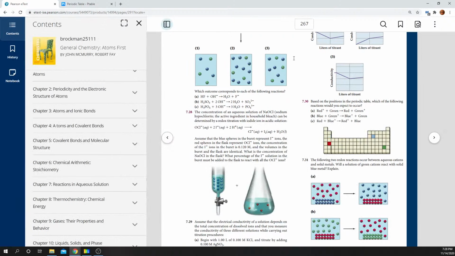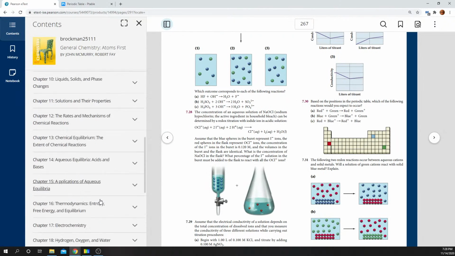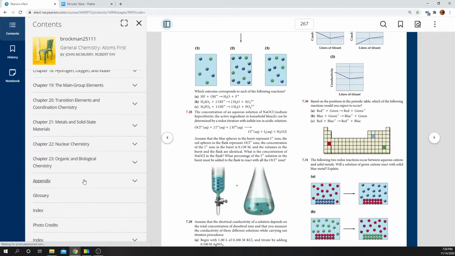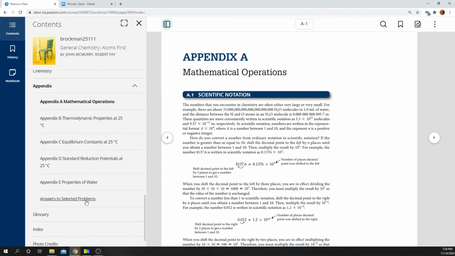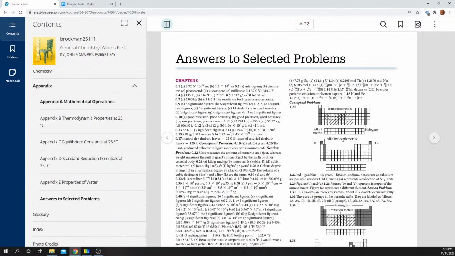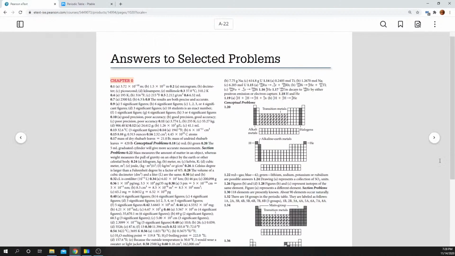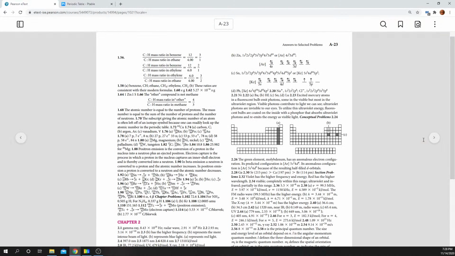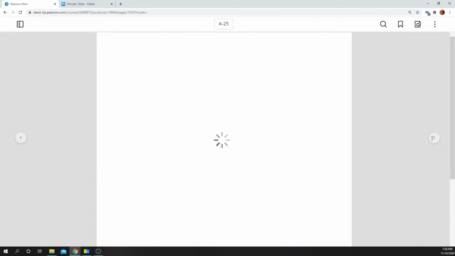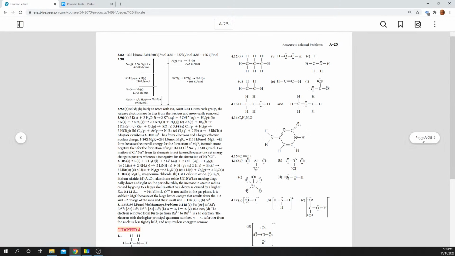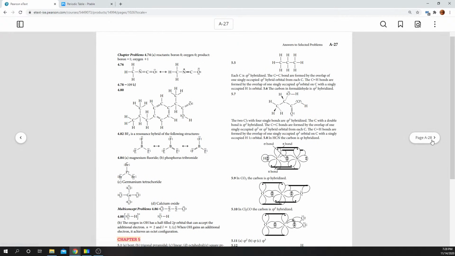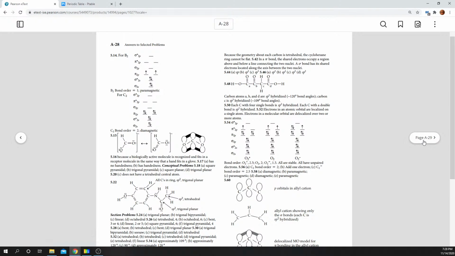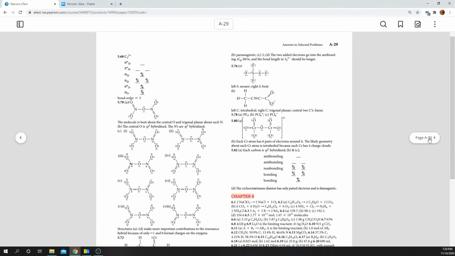So let's see. We're on page 267. I'll try and remember that. What do they say? Chapter 6.